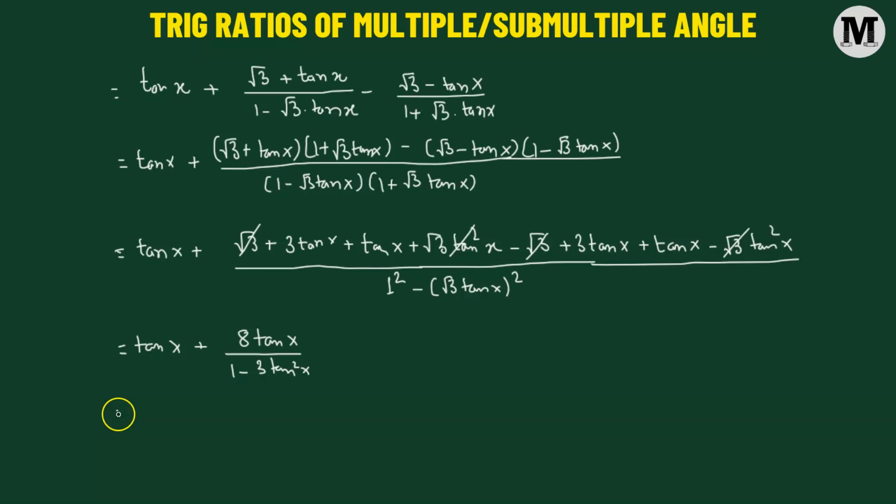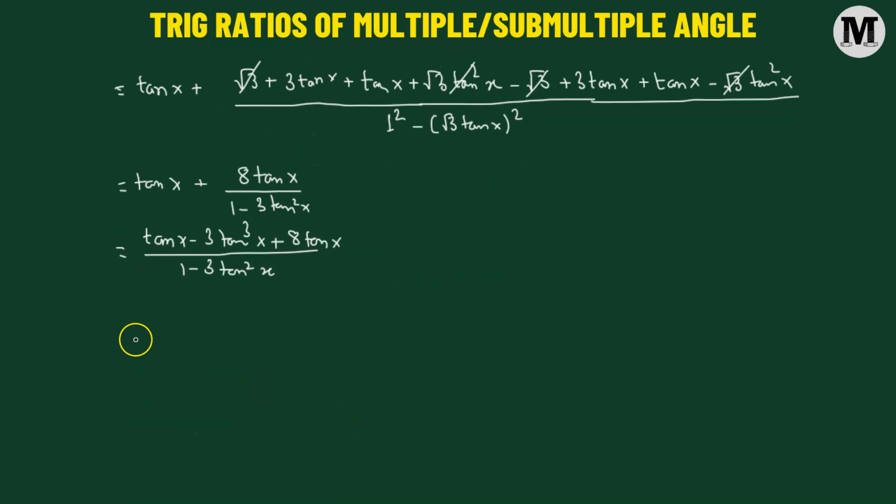Now we'll finally combine the two terms. So we get 1 minus 3 times tangent squared x. And the first term in the numerator will be tangent of x multiplied to 1 minus 3 tangent squared x. So that gives us tangent of x minus 3 times tangent cubed x added to 8 times tangent of x.